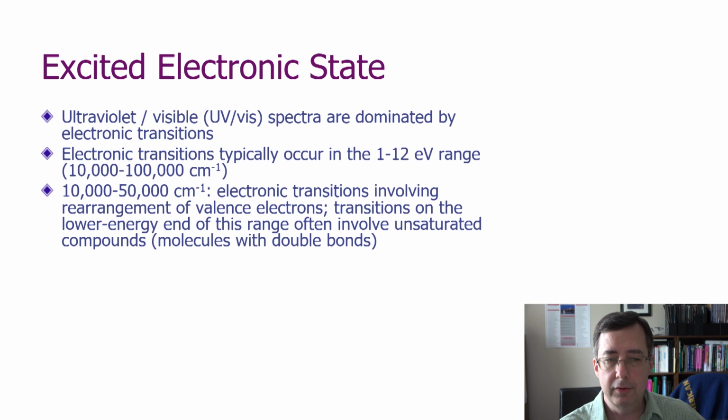These electronic transitions involve rearrangement of electrons, typically valence electrons. If you have a transition on the lower end of this range, that's typically going to involve unsaturated compounds, molecules with double bonds.